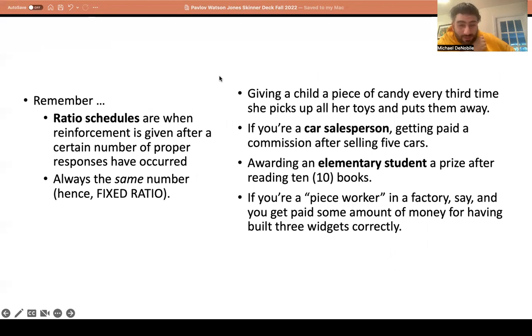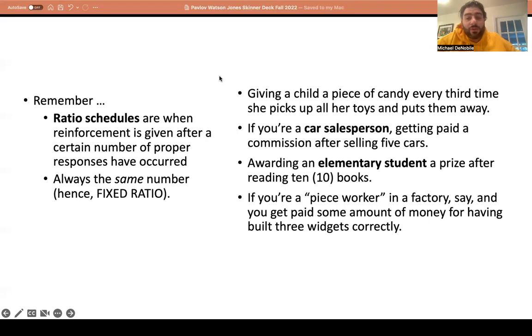So I gave a poor example earlier. It wouldn't be answering every 5 questions, but it would be every time you answer 5 questions correctly. Giving a child a piece of candy every 3rd time she picks up all of her toys and puts them away. Any of you who are parents, children have chores, they get rewards for doing certain chores. If you're a car salesperson, getting paid a commission after selling 5 cars.